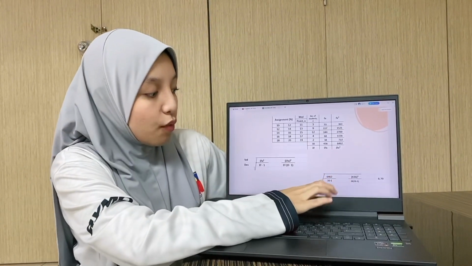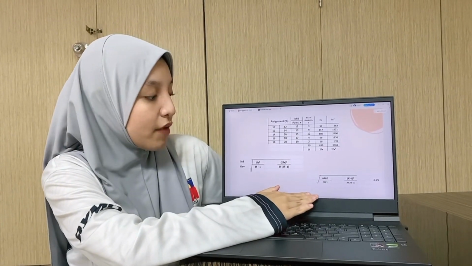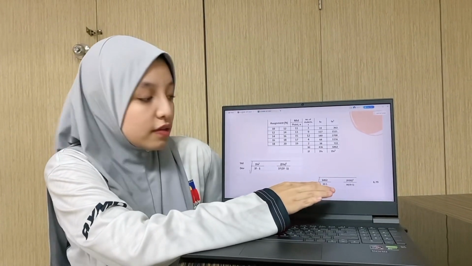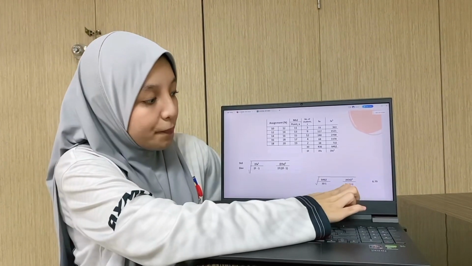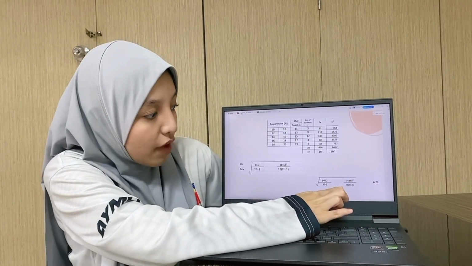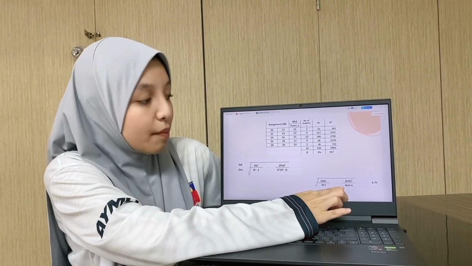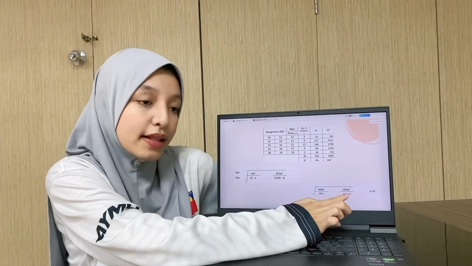Here you can see that we already inserted the values: 6,462 divided by 30 minus 1, and then 436 squared divided by 30 in bracket 30 minus 1, and then square root, we got the value 6.79.